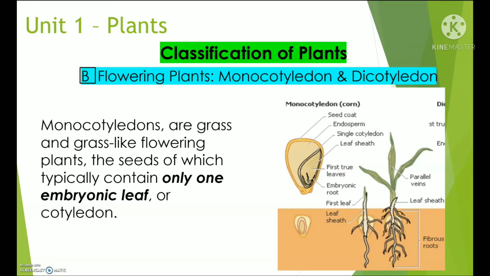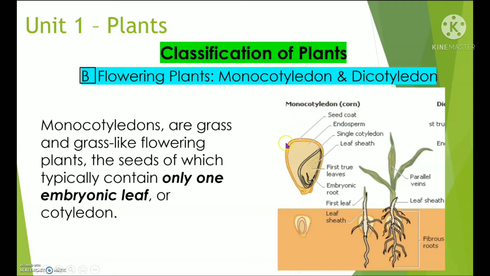Are grass and grass-like flowering plants, the seeds of which typically contain only one embryonic leaf or cotyledon. Very good.